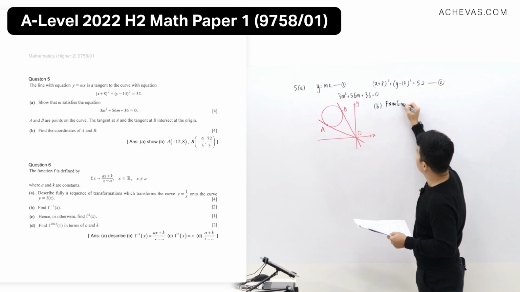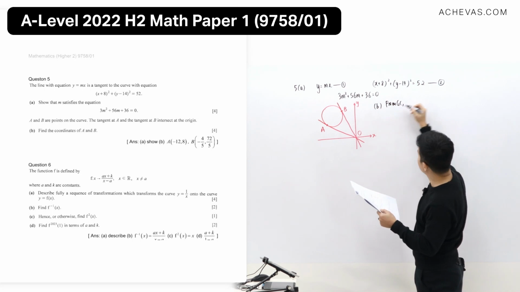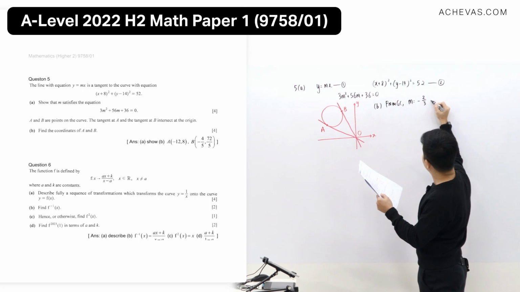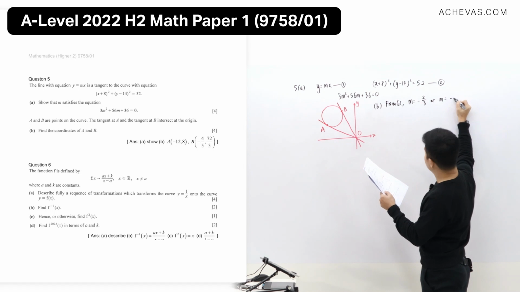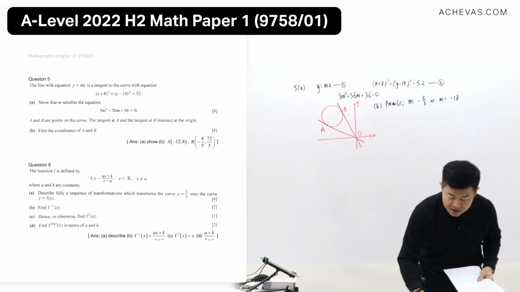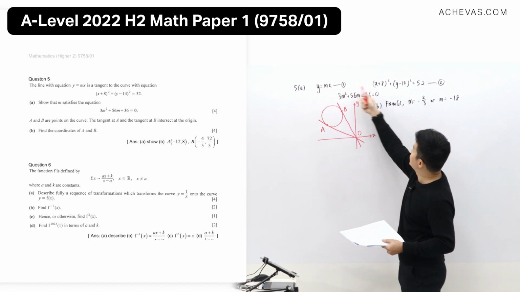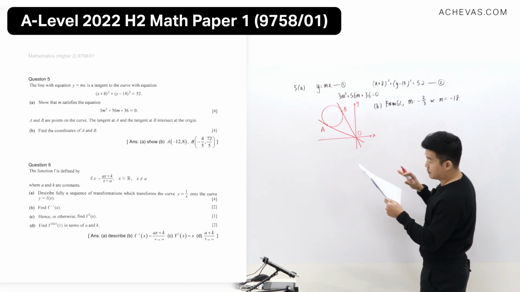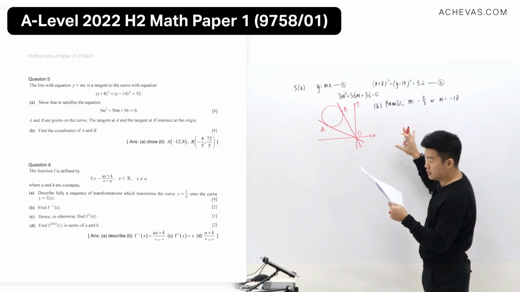So from my graphing calculator, pressing into my calculator, I'm going to get m to be equal to -2/3, or m to be equal to -18. And from the previous part, when we were trying to solve this as a pair of simultaneous equations, we actually arrived at this particular equation. Let me just rewrite it down here, okay?